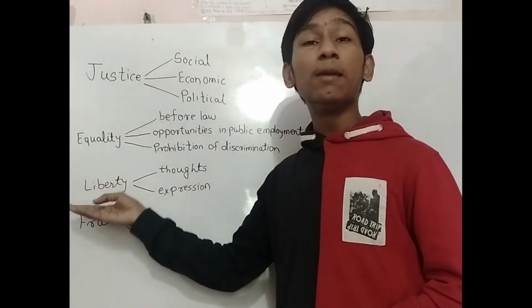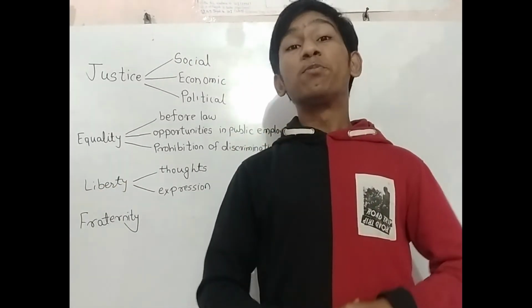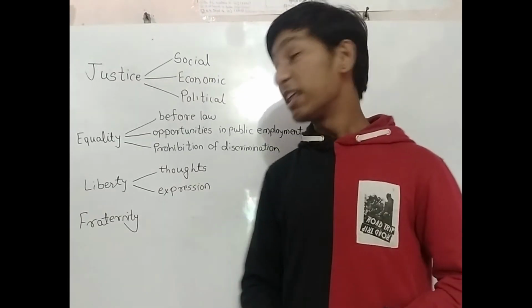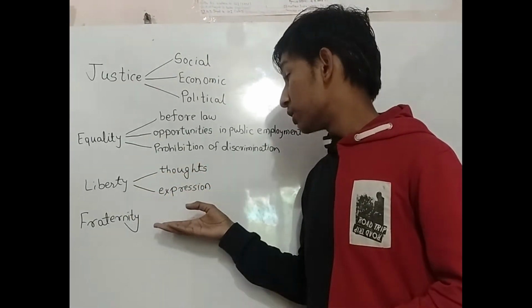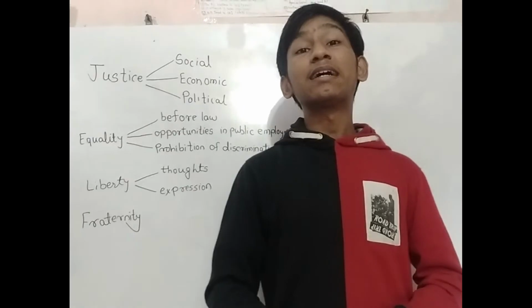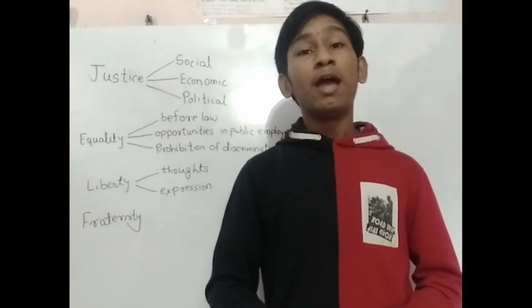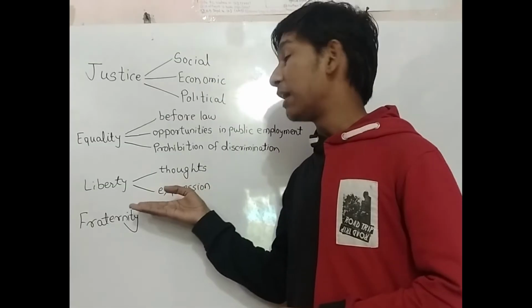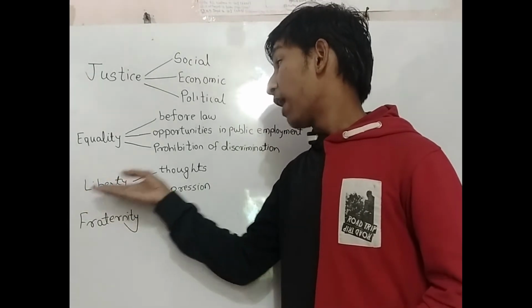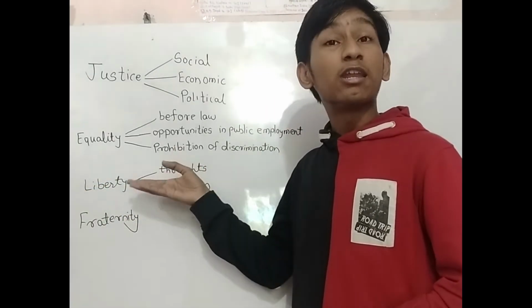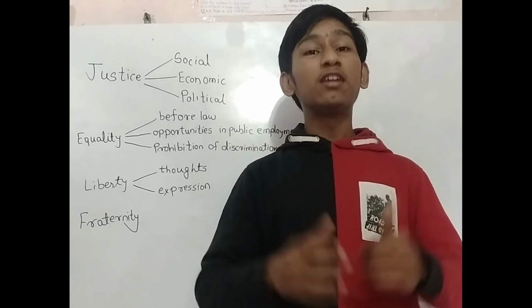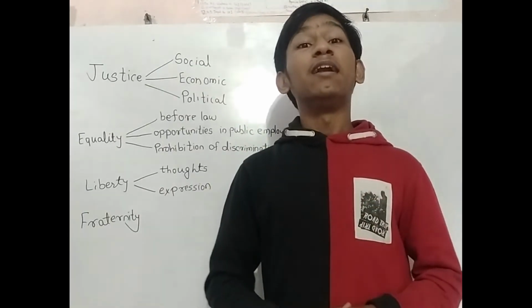Next is liberty. Liberty is an objective of the Indian Constitution. Liberty of thoughts and expression is guaranteed in Article 21 of the Indian Constitution, and the scope of this Article 21, the right to life and personal liberty with liberty of thoughts and expression, is being extended day by day.